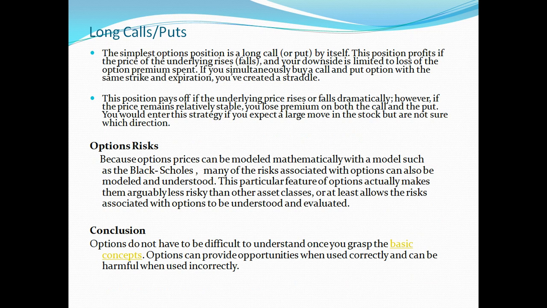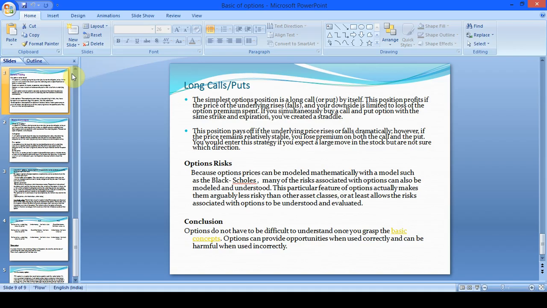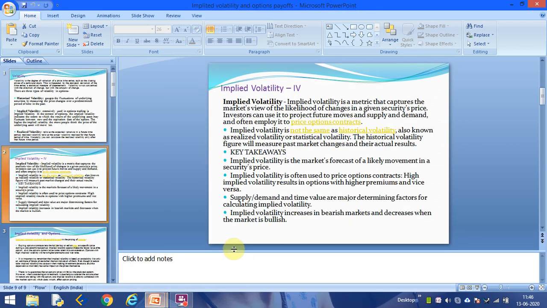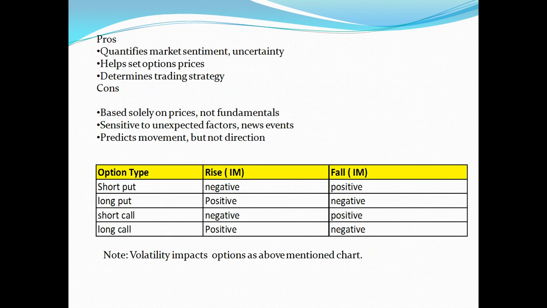You must go through each and every line and try to understand. Options are based on this, because without this you will not be able to understand strategies. So you must understand what I covered. I covered two chapters on options.